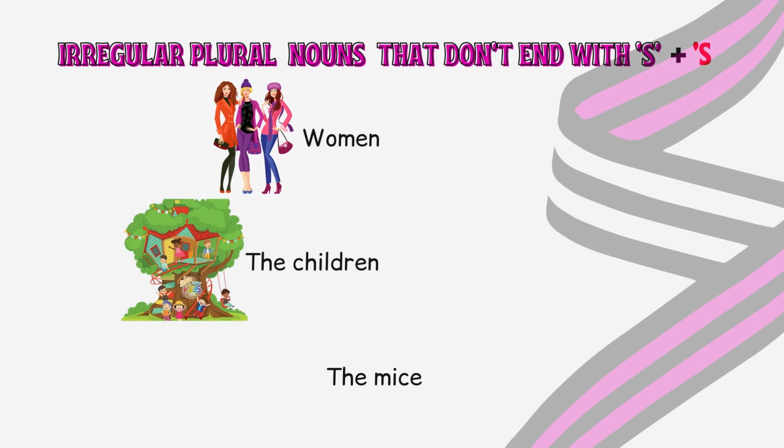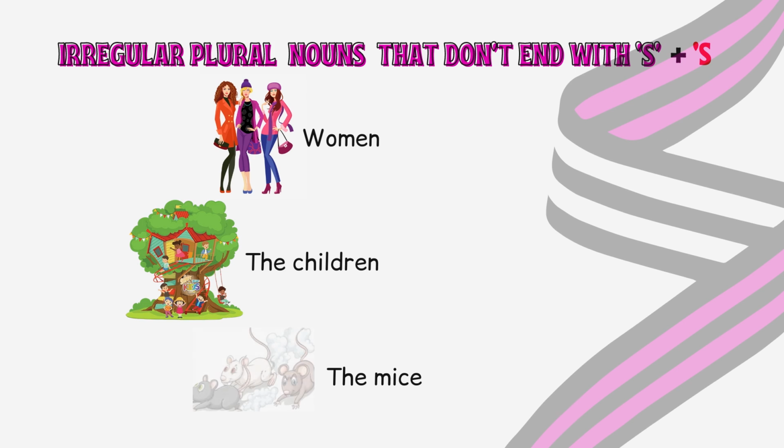Rule number 3 is for irregular plural nouns. There are some plural nouns that don't end with an S. So, we call them irregular plural nouns. The women is a plural noun of woman.